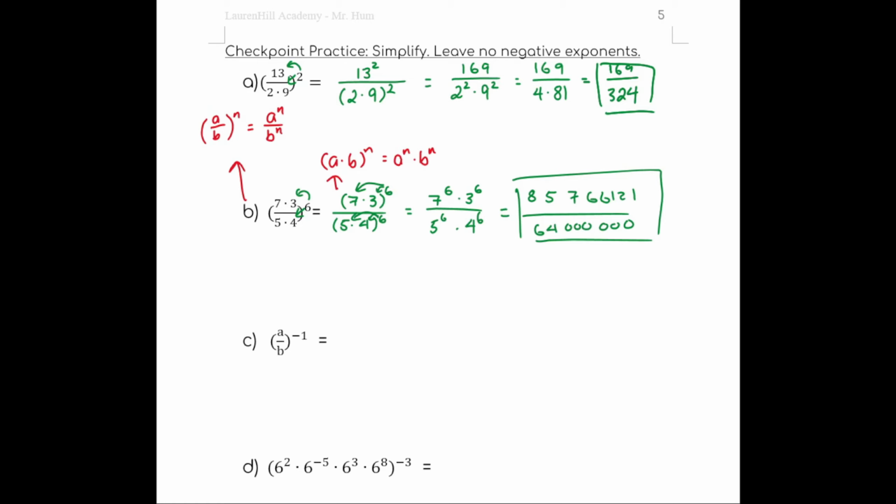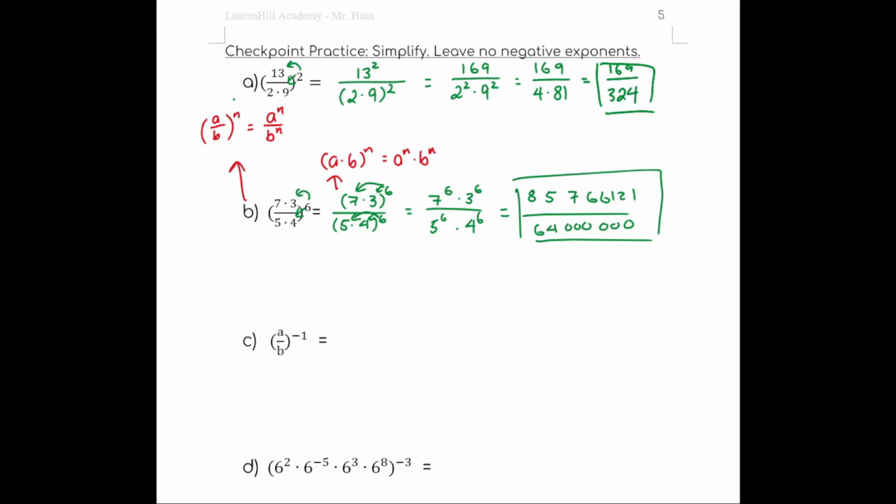Now, notice in question B we had this fraction here. After we distribute the exponent to the numerator and denominator, at this step we use this second law, and we distributed it again because everything in my numerator and denominator are just being multiplied together. So we distribute it once, we distribute it again.